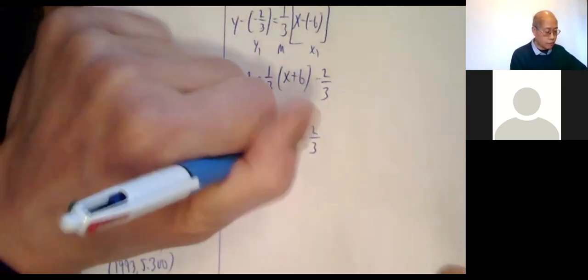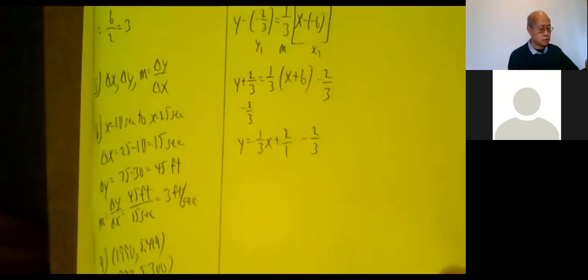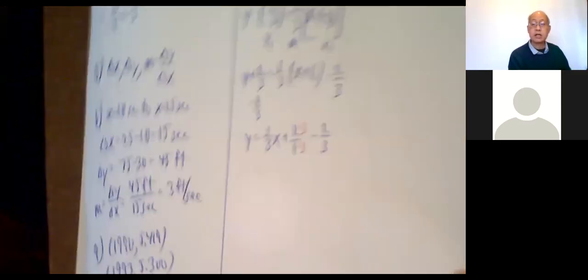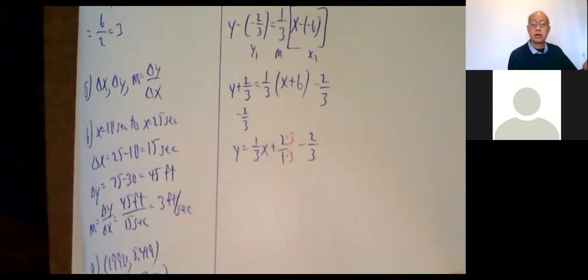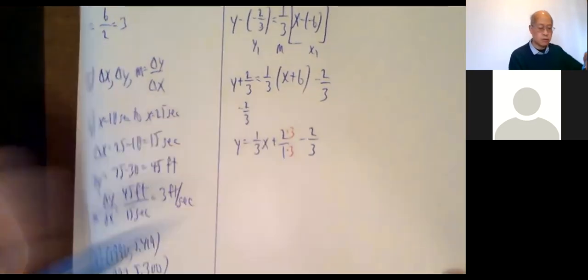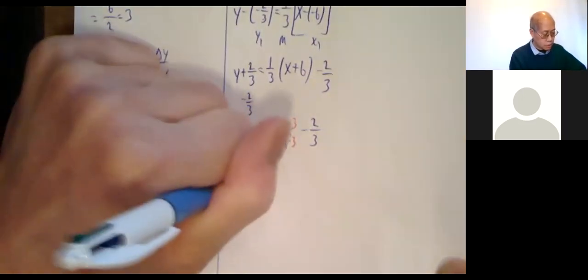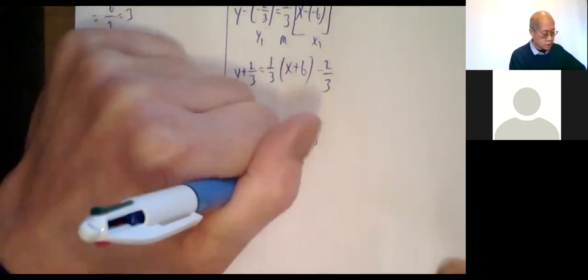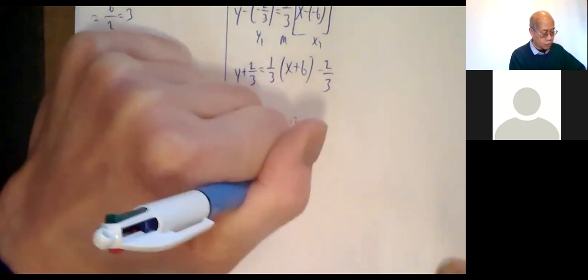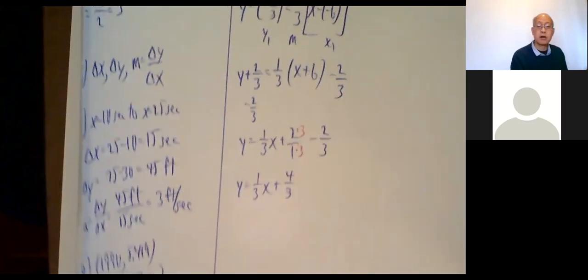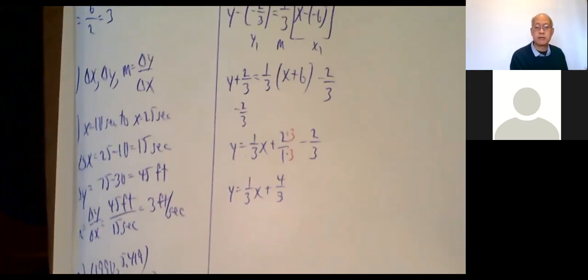Okay, 2 is like 2 over 1. Common denominator is 3, so times 3 times 3. So 2 times 3 is 6. 6 minus 2 is 4. Y equals 1/3 x plus 4/3. Final answer. Okay, so that's how to do that one.